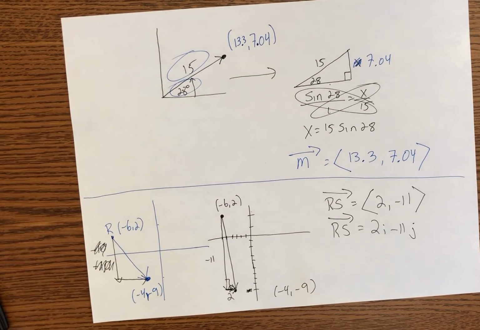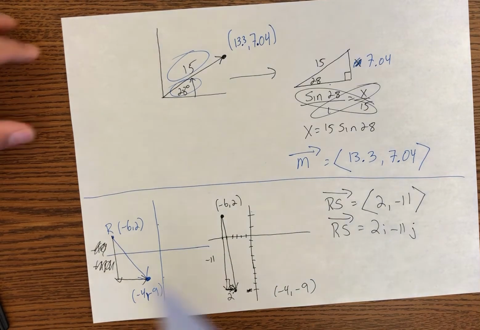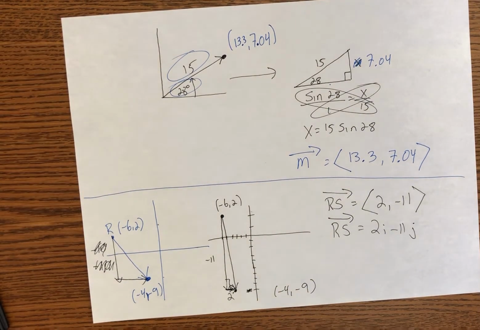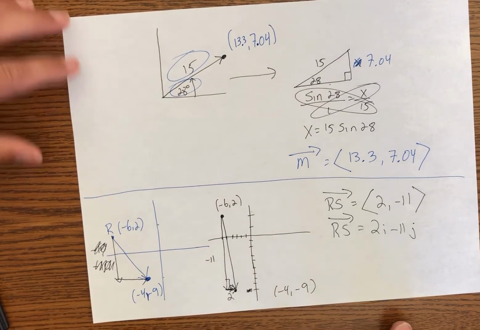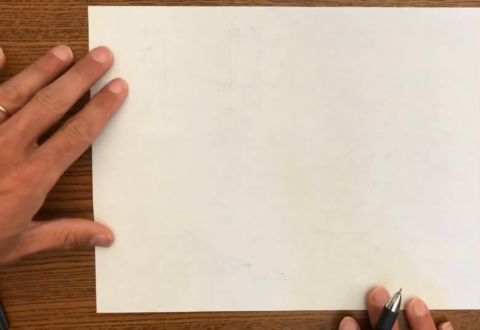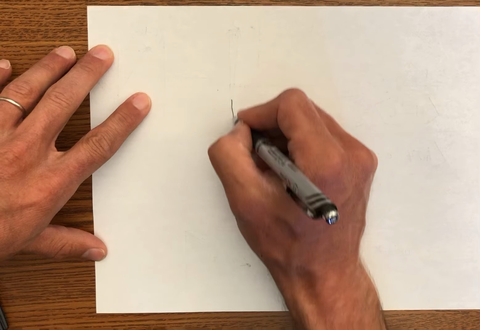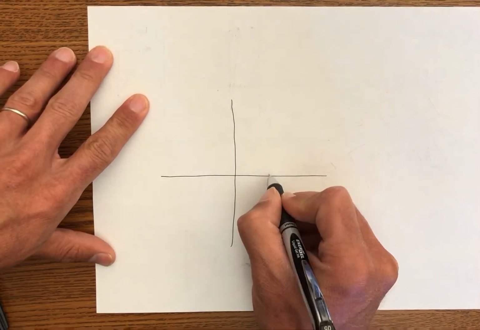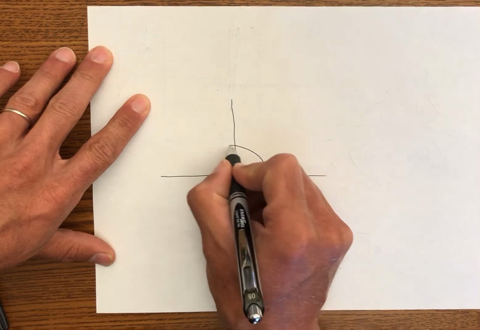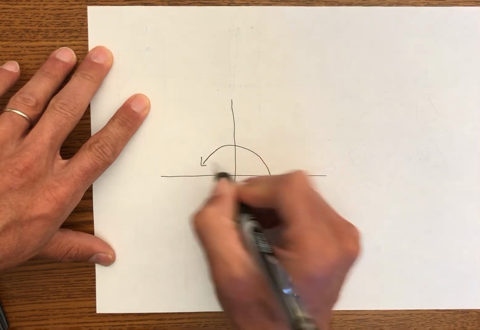Okay, now the very last one, which is number 3. Okay, look at number 3. It tells you your magnitude is 23. So what that means is the length, the size is 23, but it's traveled 162 degrees.